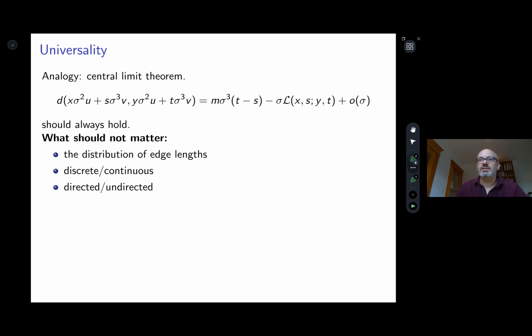Now, more interesting, it's a graph metric, right? So a weighted graph metric, if you like. You could make the graph directed, and actually we believe that shouldn't matter either. And in fact, the only models that we can prove converge to this limit come from directed metrics, and they're not even exactly the ones I told you about. So say you take the 2-dimensional lattice and you direct each edge north or east.